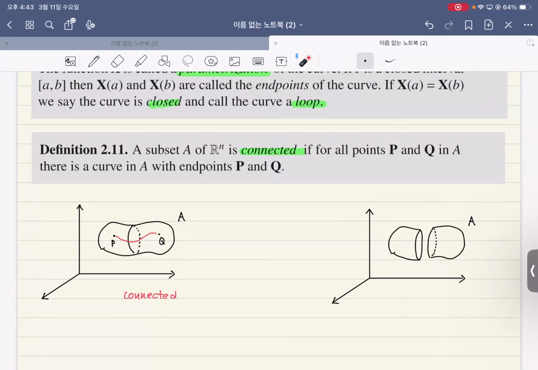Why? Because in order to be connected, for any pair of points you should be able to find a curve in A whose endpoints are these two points. But in this case, if one point is here and another point lies there, you can never find a curve in A whose endpoints are those two points. So this is not connected.